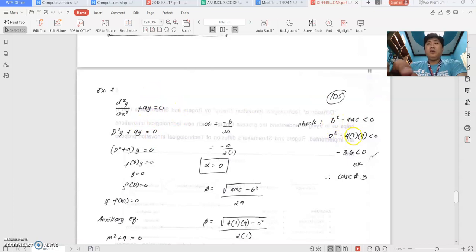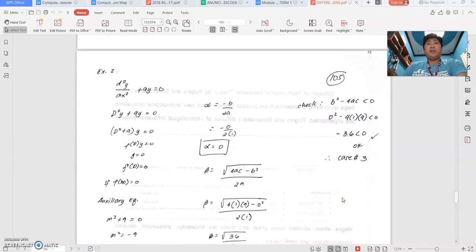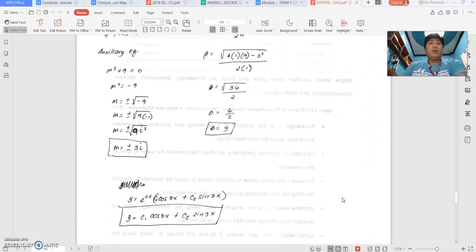And our C is 9. So you have 4 times 9, that is 36. Negative 36 is less than 0. The answer is yes. Therefore, since this is less than 0, we could apply case number 3, which is imaginary roots.